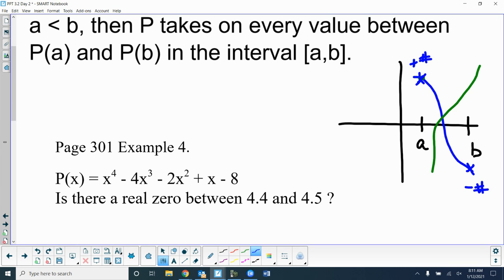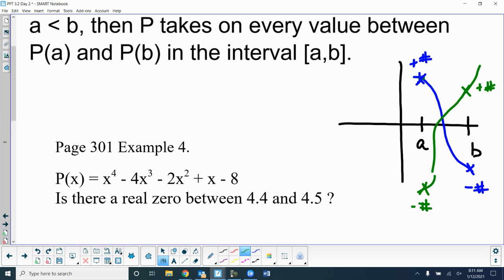Because remember, a zero is where the graph hits the x-axis, right? Does that make sense? So for the green one, P of A would be down here, which is a negative number. And over here is the positive number. But in between those two, it crossed the x-axis, so there's a zero.